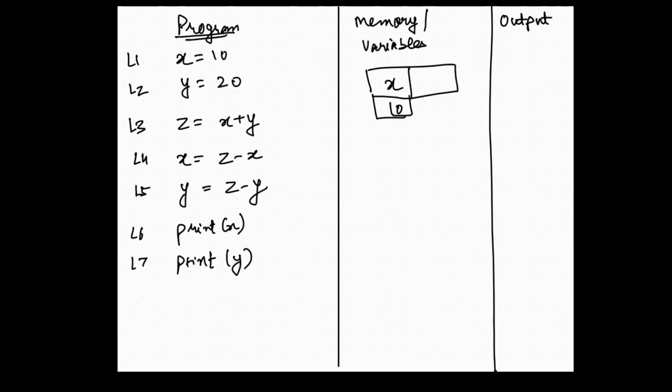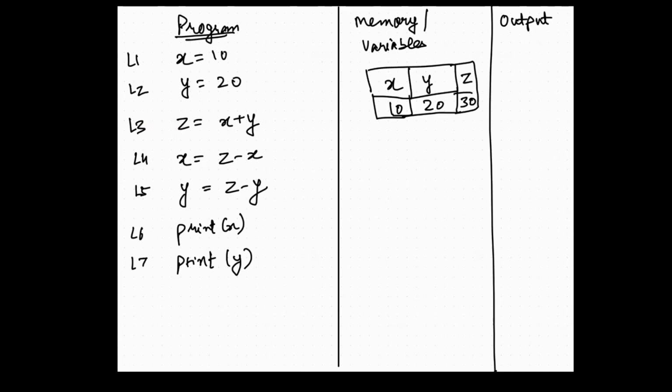Nothing gets printed. We execute the next line. y is assigned the value 20. Line 3 executes. z becomes x plus y. We get another variable, z, whose value is 30. So again, z equal to x plus y means calculate x plus y, assign the value to z.